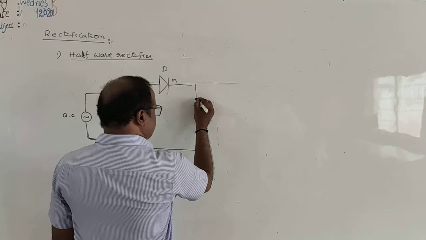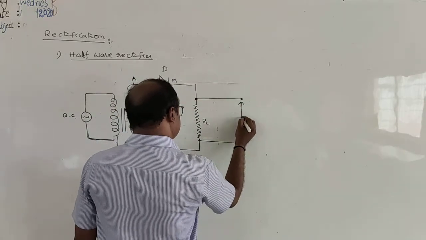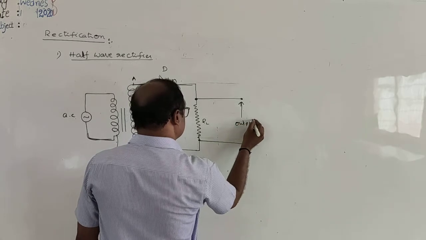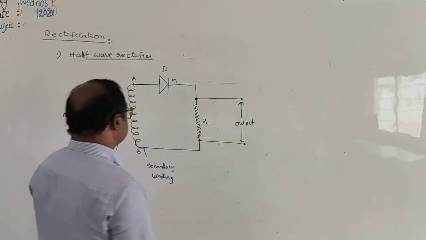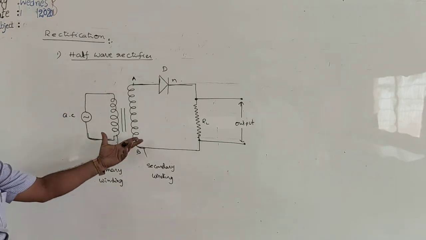Across the load resistance, the output is taken. This is the circuit corresponding to the half wave rectifier. Do you understand? Okay.